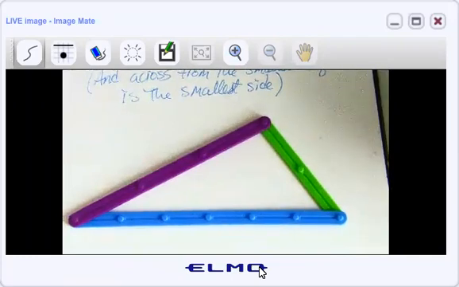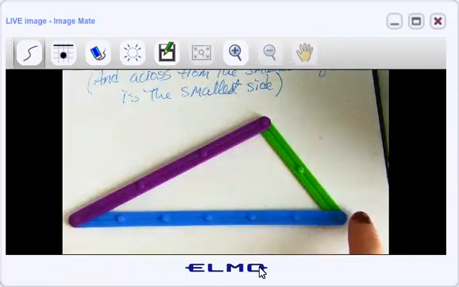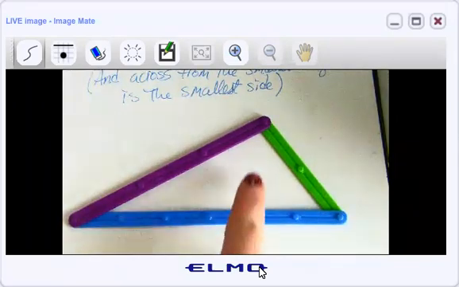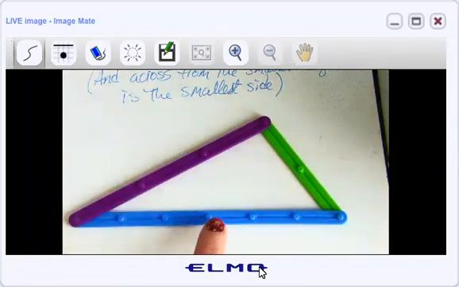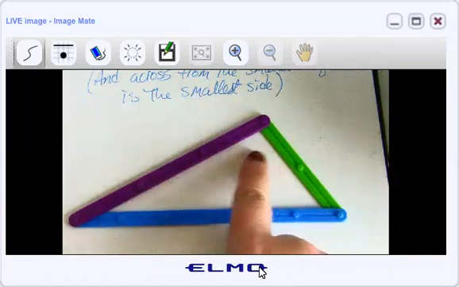So the blue side, as you can see, is definitely the longest side out of the green, purple, and blue sides. So this one's my longest. And notice directly across from it, yeah, I have this big old angle. So that's not really a surprise because we already knew that in right triangles. So I'm going to have my biggest angle here.